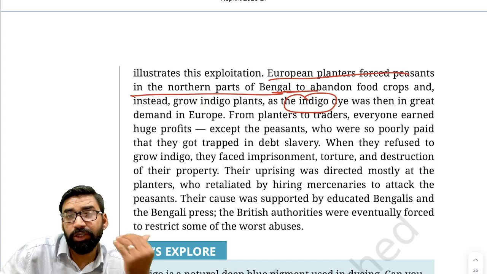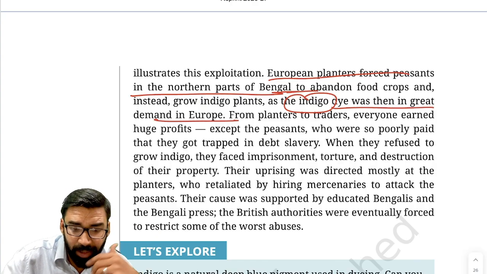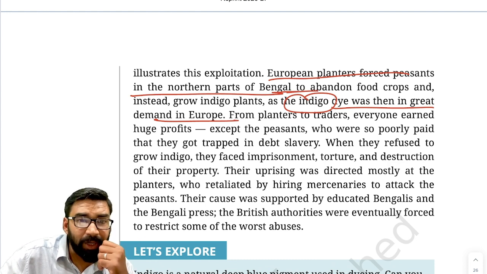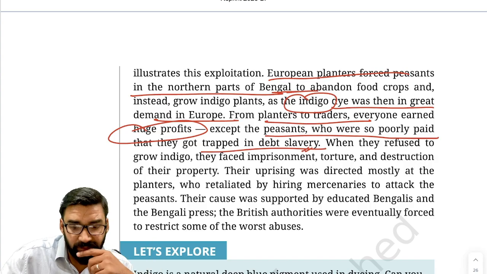Why indigo? Because indigo was used as a dye in the textile industry. It was very high in demand in Europe. Fine, that was the most important thing. So in this way, planters and traders used to earn huge profits, and the peasants were poorly paid and got trapped in debt slavery.